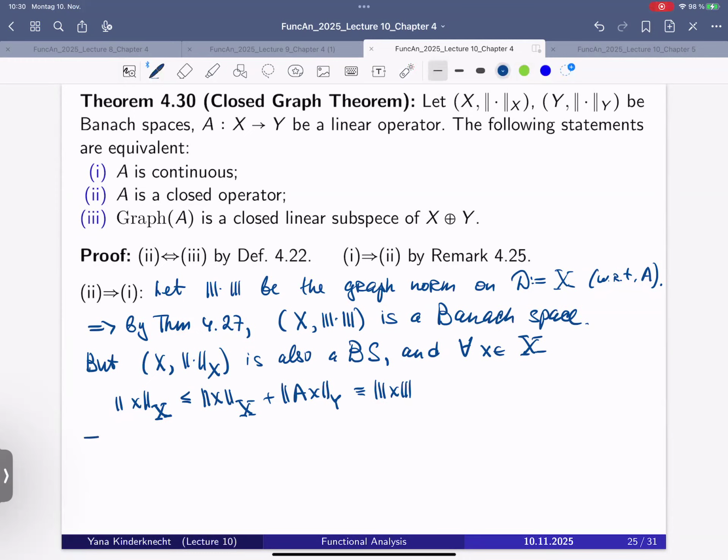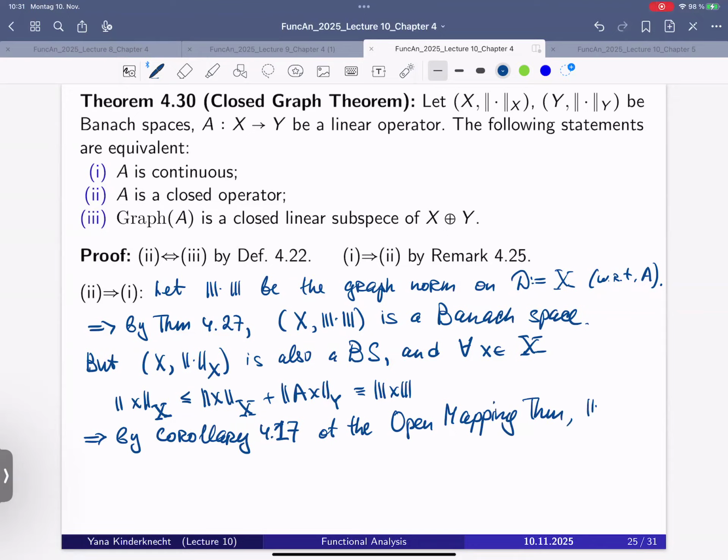Then we can use corollary 417 of the open mapping theorem: these two norms, the original norm and the graph norm, are equivalent.